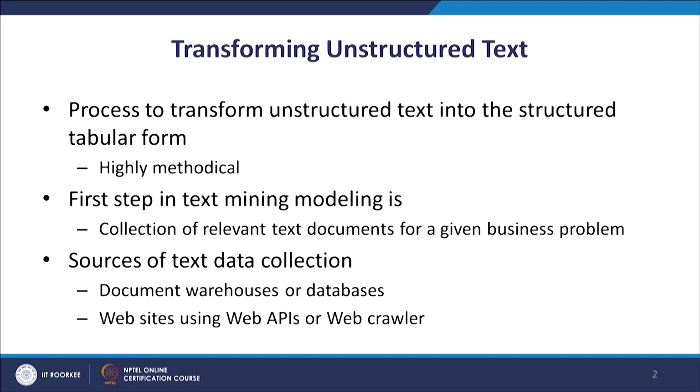Then we have websites. Many websites provide web APIs publicly, so any researcher or analyst can use those web APIs to get data from popular websites. For example, Twitter provides a number of web APIs to extract tweets, and similarly other websites.